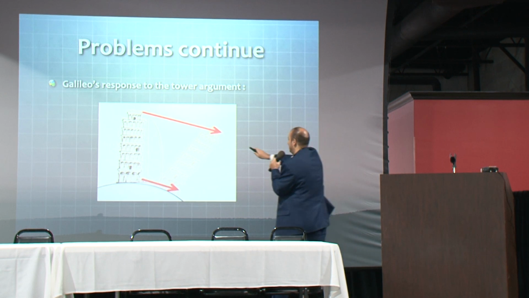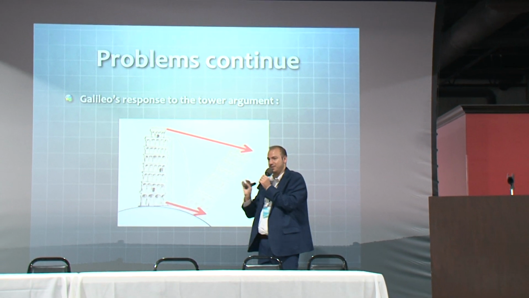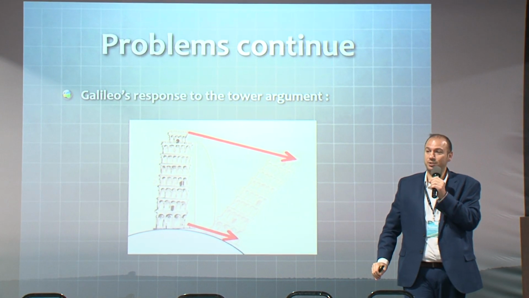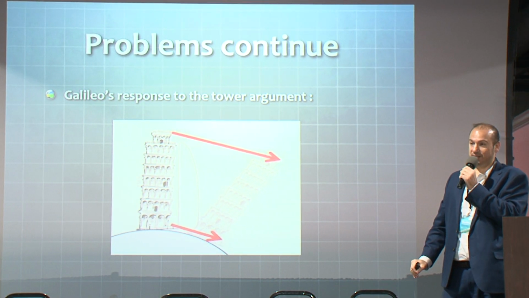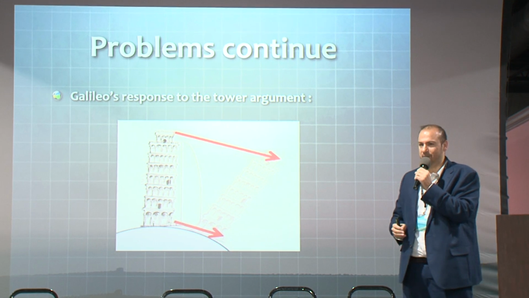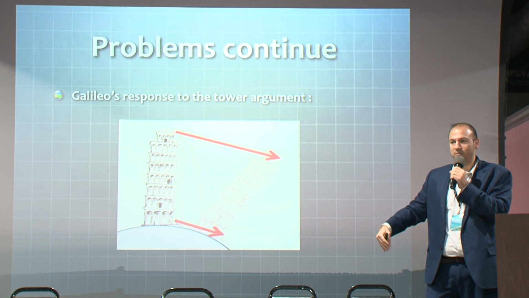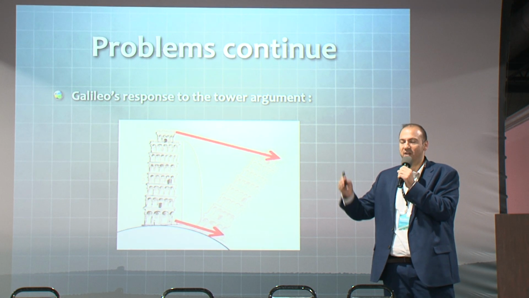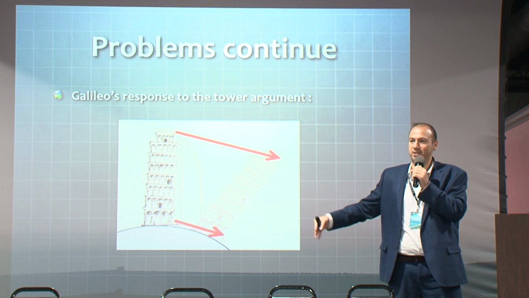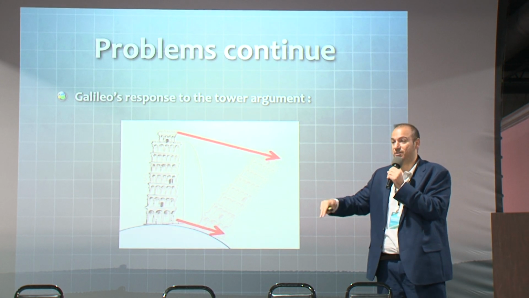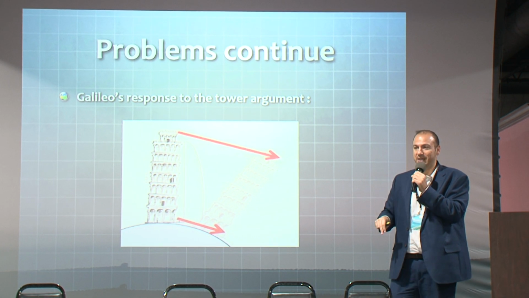But there's also a curvilinear, a curved movement we don't see because we share it with the Earth and the tower. Imagine yourself in a plane. You and the one sitting next to you are moving at maybe 500 miles per hour. You don't see your neighbor flying because both of you share the same movement of the plane.